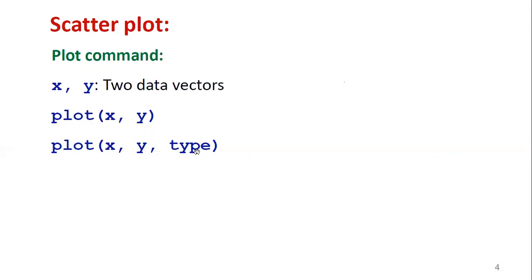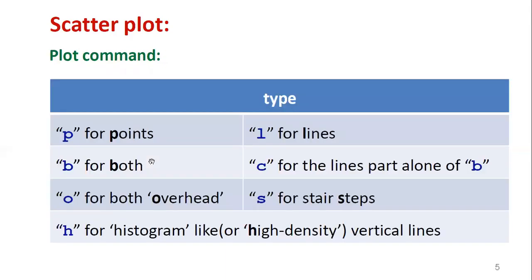Then there are other parameters, such as type. So what is type here? The following table shows various values for type and their purpose.